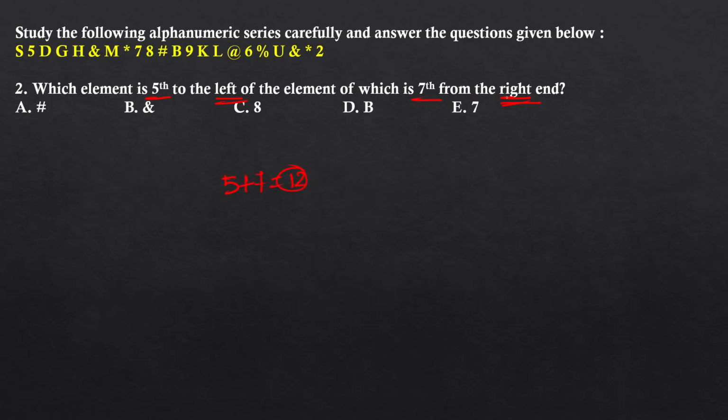And the last word is right. So 12 from right, that means 1, 2, 3, 4, 5, 6, 7, 8, 9, 10, 11, 12. That means hash. Hash is the correct answer. So option A is the correct answer. I think everybody got it.